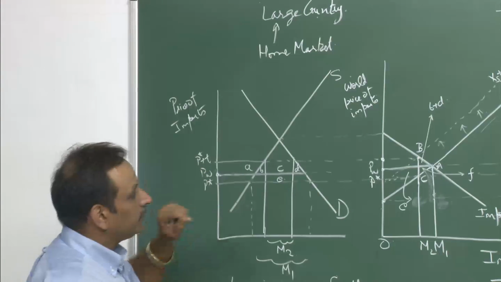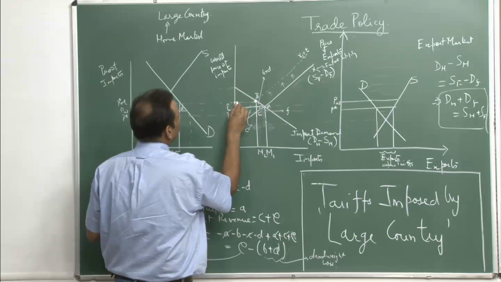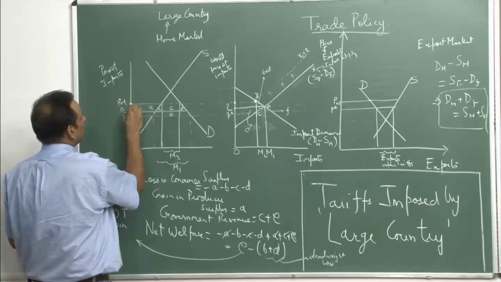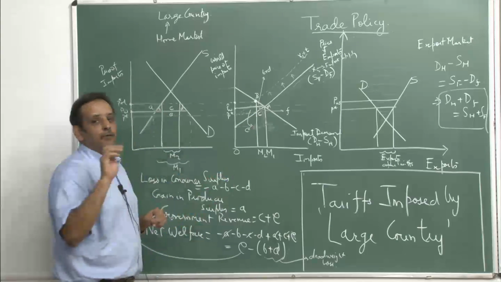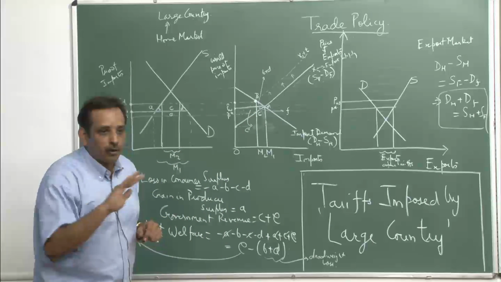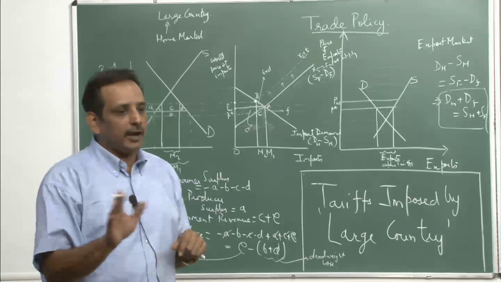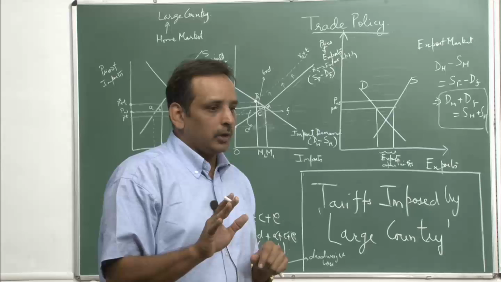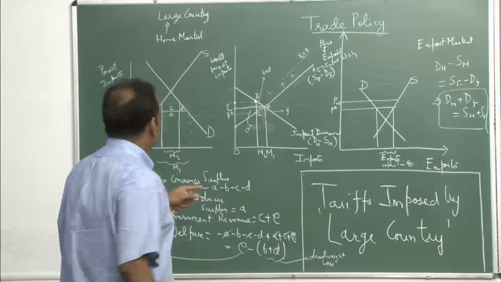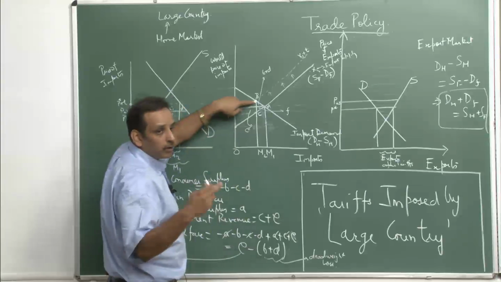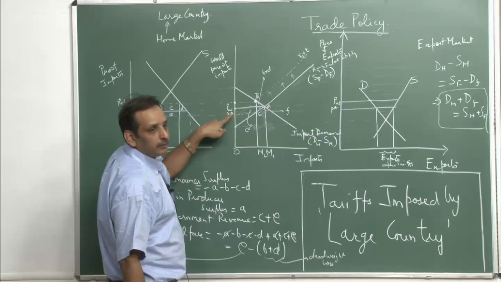But here there is something else happens, because this is the price which prevails in the home country. The net amount which the foreigner gets is bereft of the tariffs. The foreigners do not get the tariff revenue. It is only the government in the home country which gets the tariff revenue. So, the price that he gets, the foreigner, the exporter gets, is P star.